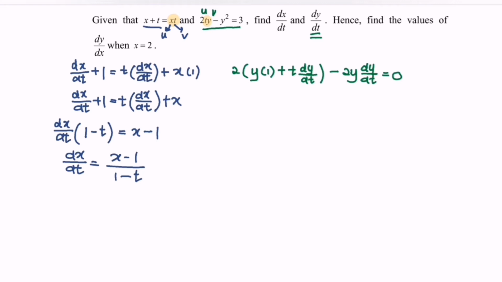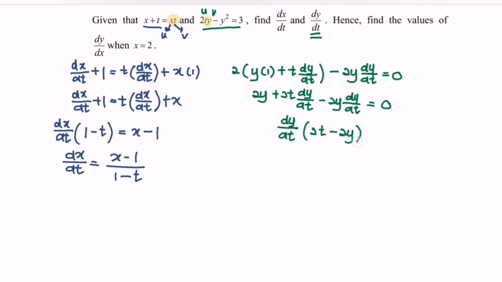Expand the situation and then simplify. So we will have 2y plus 2t dy/dt minus 2y dy/dt equals to 0. Factor out the dy/dt. So we will have dy/dt bracket 2t minus 2y equals to negative 2y.